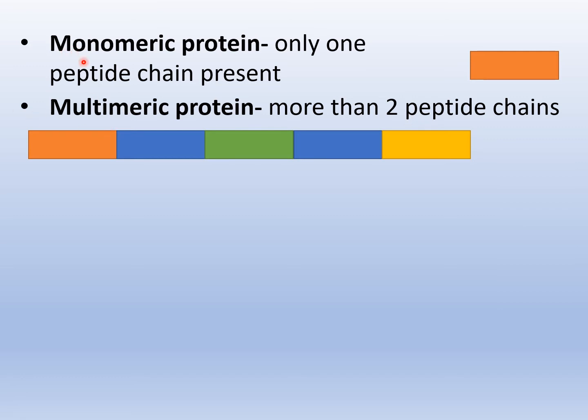Mono, which means one. Multi, which means multiple or greater than one or greater than two. Yep. So a multimeric protein is also composed of monomeric protein.